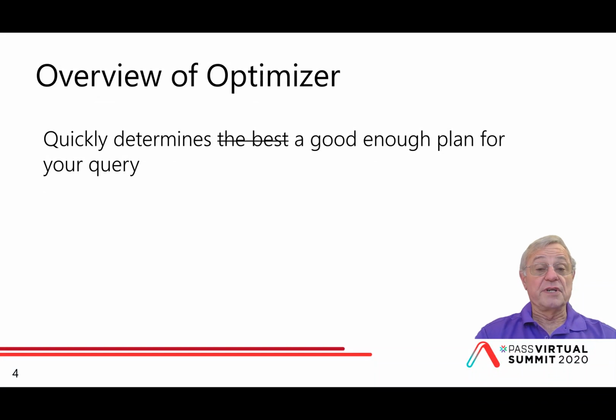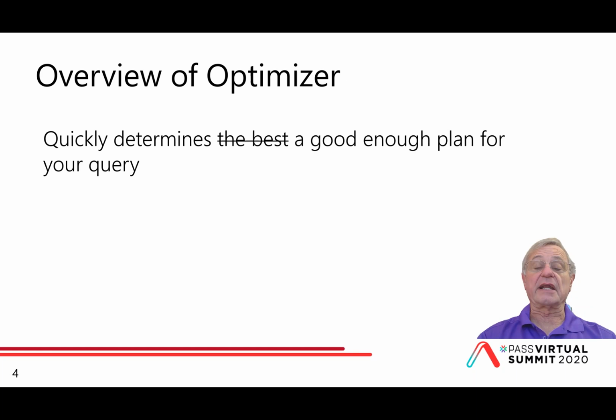Now, one of the reasons that it does that is just time, because the optimizer is trying to find a balance between the time it takes to find a good plan and the time it takes to execute the plan. And this is a compromise for that. If it keeps looking and looking, it will actually time out, although it's not a timeout.